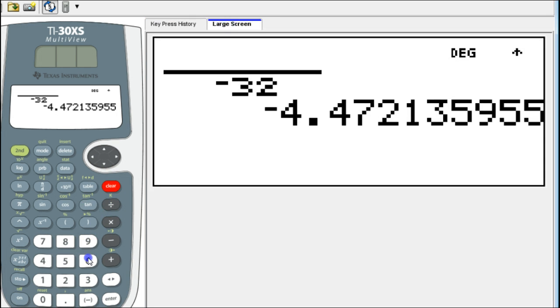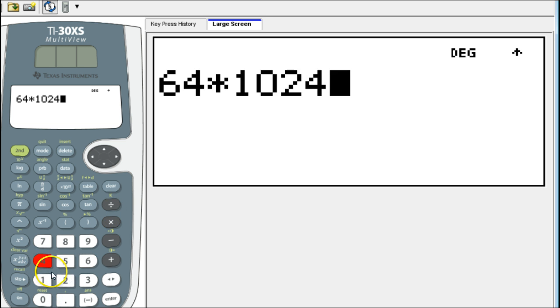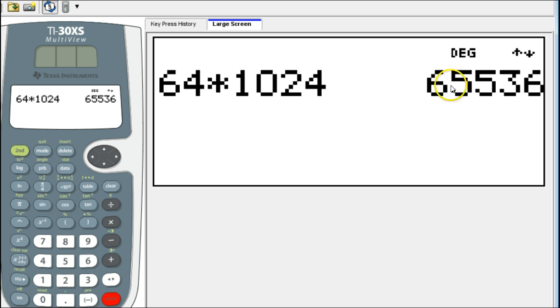So let's see, 64, let me clear this out. 64 times 1024. Alright, so that's 65,536.